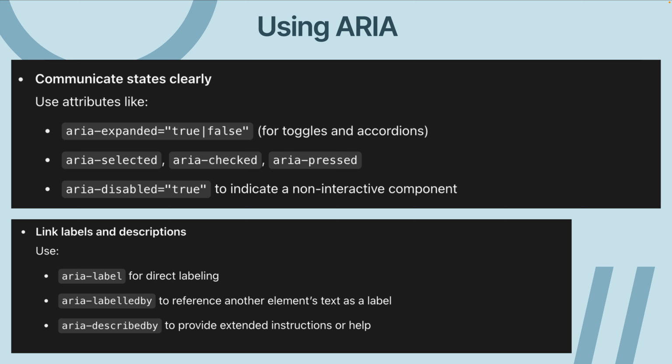Sometimes you want to disable an element, so that's when you use aria-disabled and set that value to true. To link labels and descriptions, you use aria-label for labeling, aria-labelledby for referencing other elements, and aria-describedby to provide extended instructions or help. Okay, thank you very much.